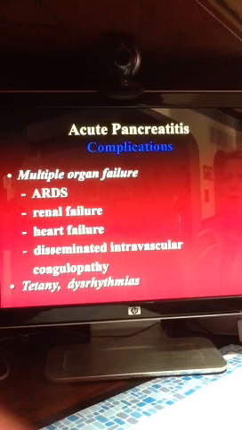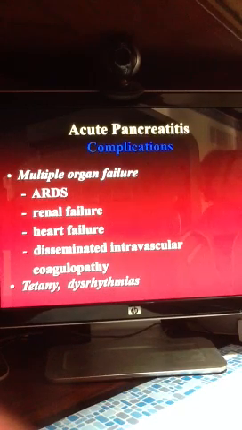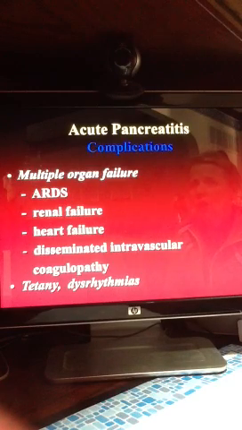Moving on with complications, and these are complications, 20% of pancreatitises end up being this severe kind, but not all pancreatitises end up being severe. So you can have multiple organ failure.